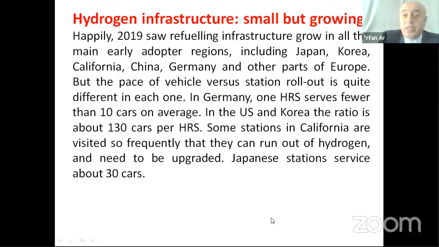In the United States and Korea, the ratio is about 130 cars per hydrogen refueling station. Some stations in California are visited so frequently that they can run out of hydrogen and need to be upgraded. This shows the importance of hydrogen storage. Japanese stations service about 30 cars per hour.